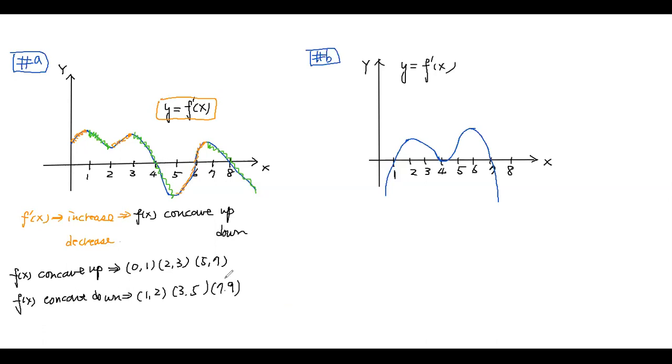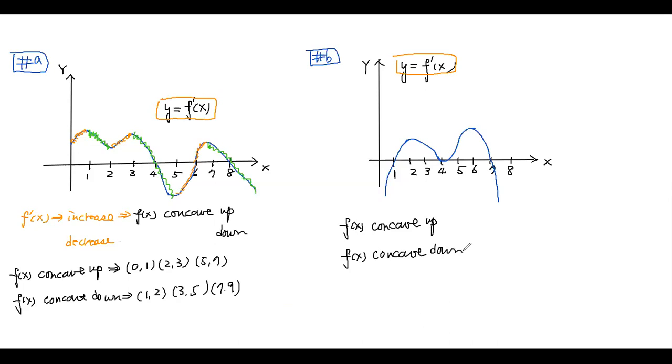All right, now let's practice one more time. This still is f prime x, right? So apply the same things here. Let's see when f of x is concave up and when f of x is concave down.